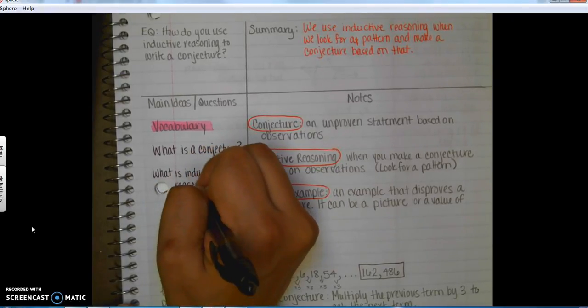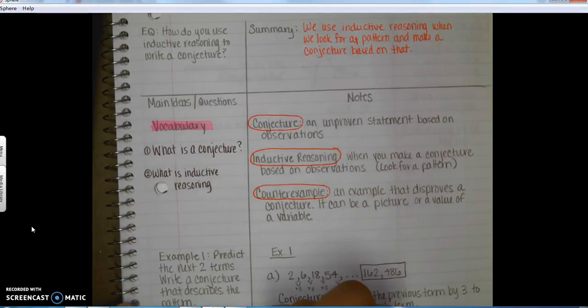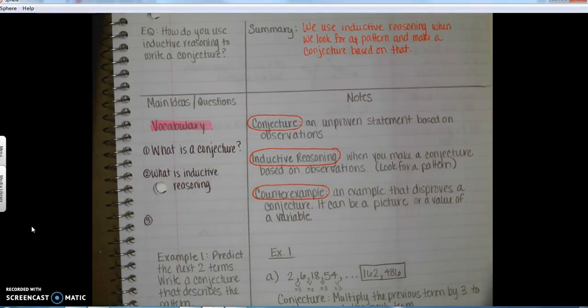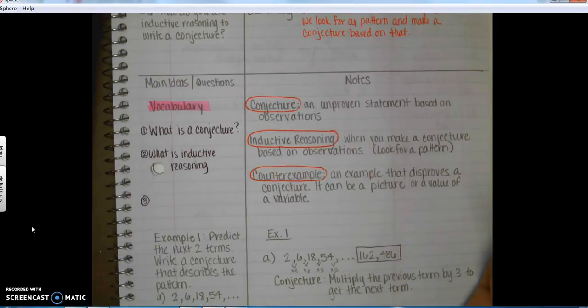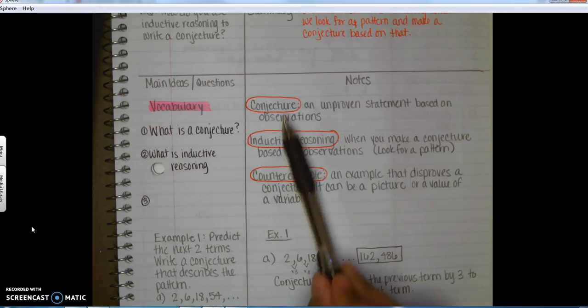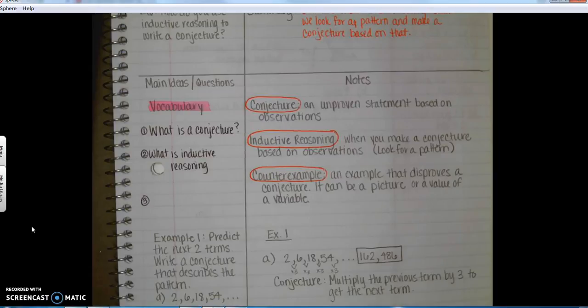A lot of times I tell them they should number these, and I'll tell you why in a second. And then my third question, I'm going to try and do maybe a level 2 question. So maybe I'm going to bring it in as this conjecture and inductive reasoning. A lot of times your level 2 question is tell me how these 2 things are different, tell me how these 2 things are the same, or tell me how these things relate, that kind of thing.